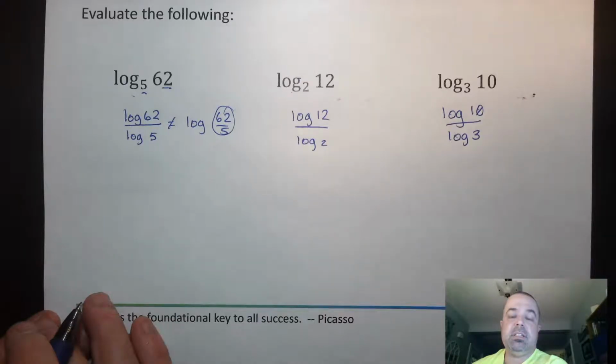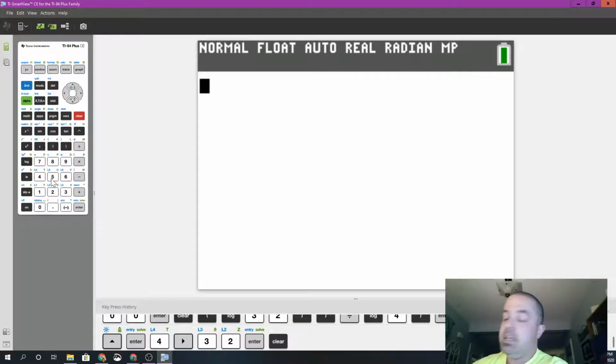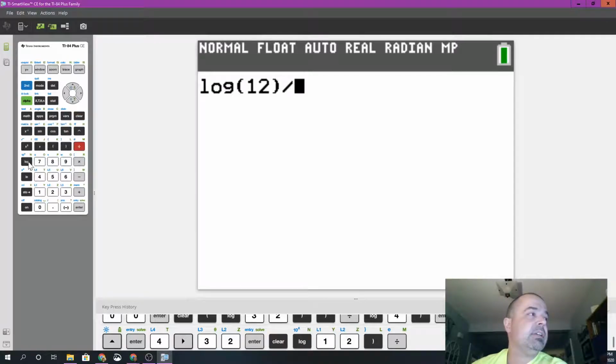Okay? I'll do one more of these on the calculator so that you can see. I'll clear this so we have a good clear screen here. Alright, and I'm going to do log base 2 of 12. Okay, so it's log of the big, 12, divided by, now I'm going to check something here, alright, I'm going to try it this way, and then we'll see if we can compare the answers here.